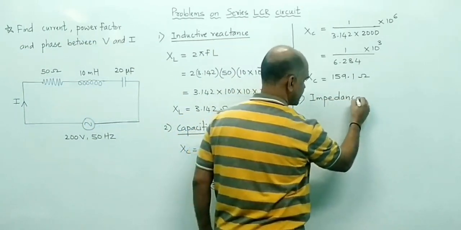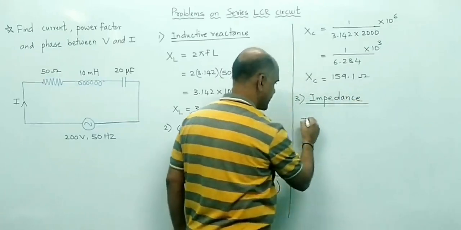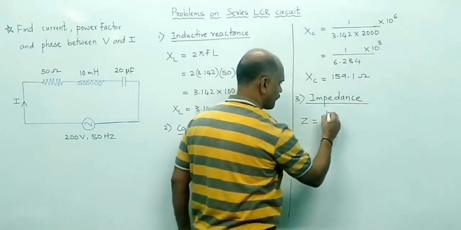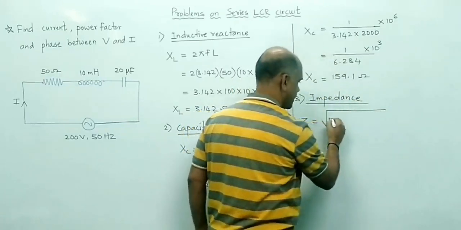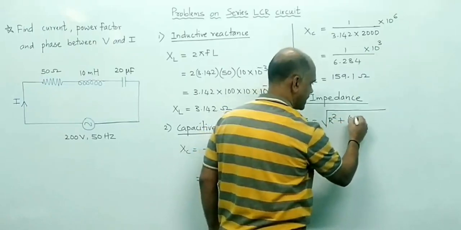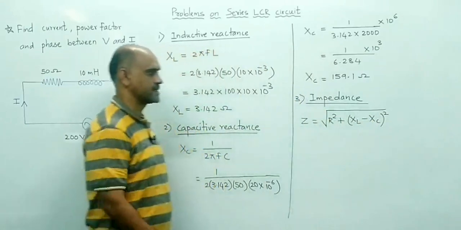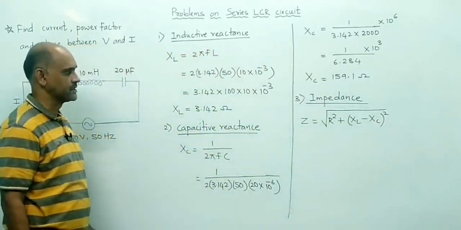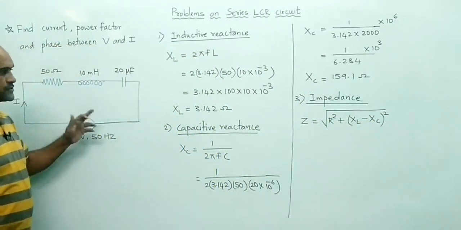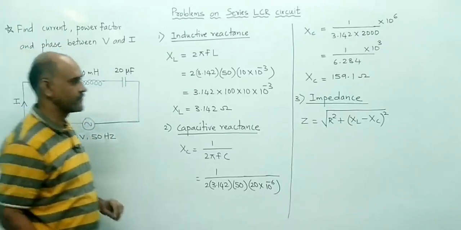So impedance is given by Z is equal to root of R square plus bracket XL minus XC bracket square. So now I will substitute these values. R here is given as 50.